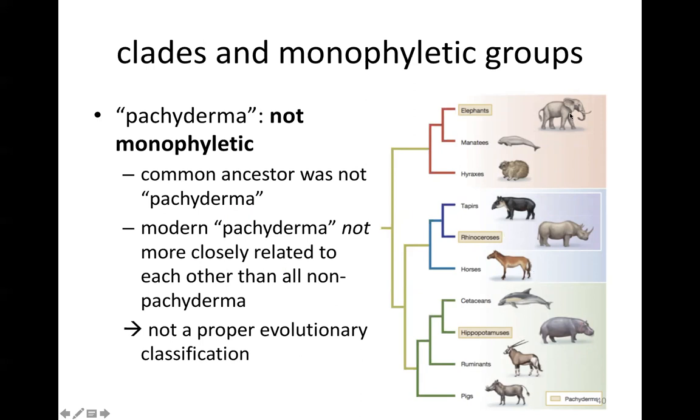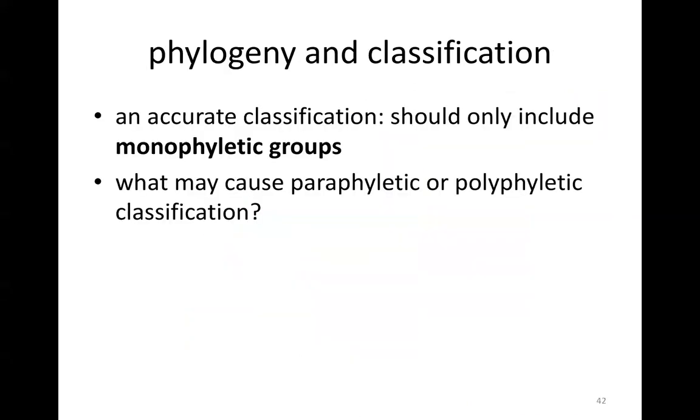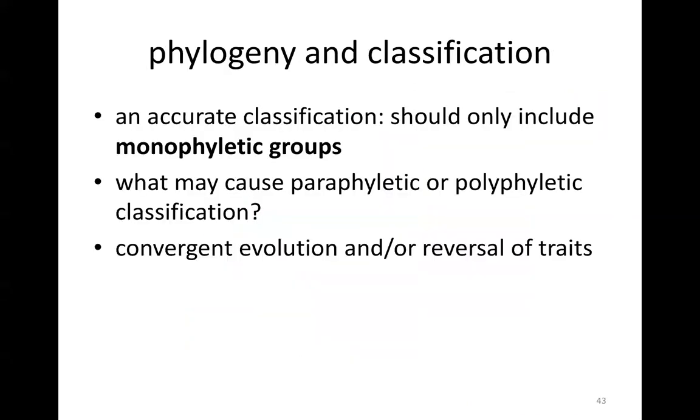Well, some common traits, right? If traits evolve independently in different lineages, that's something we call convergent evolution. Or if some derived traits are lost in certain lineages, then we might wrongly infer that those groups are related.